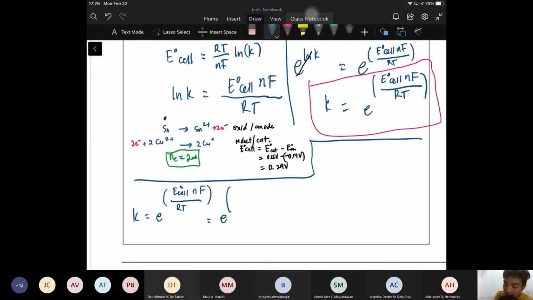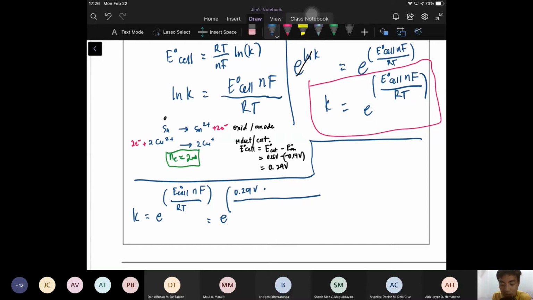So ano yung E cell? E cell is 0.29 volts. Yung number na lang ilalagay ko. Yung units naman, it is understood that they will cancel out. Sige, lagay ko na rin yung units para makita niyo yung pag-cancel out.